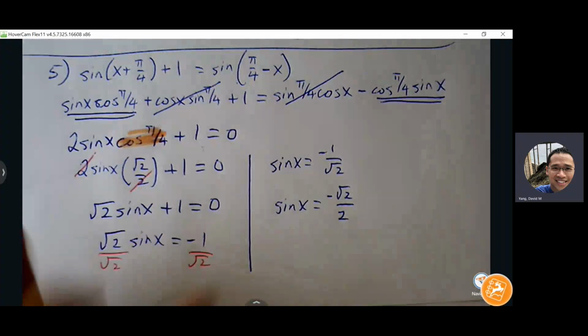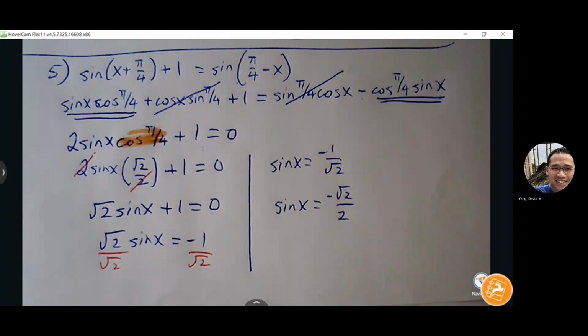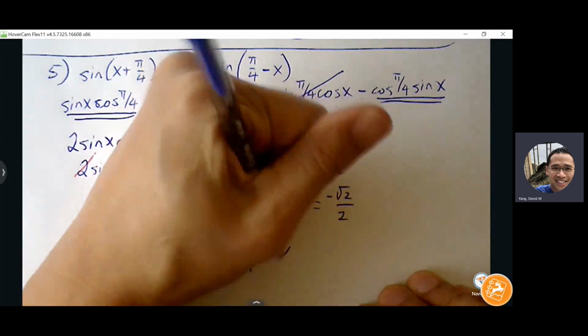Which quadrants? Okay, quadrants 3 and 4.